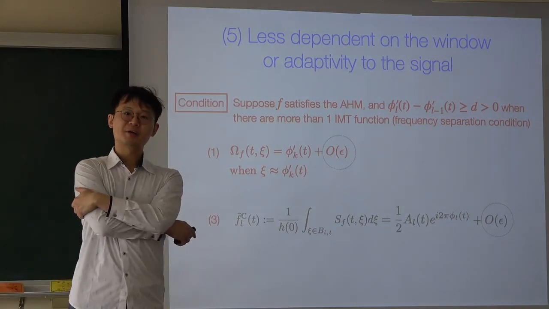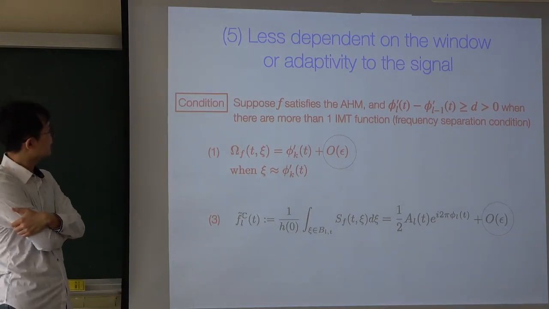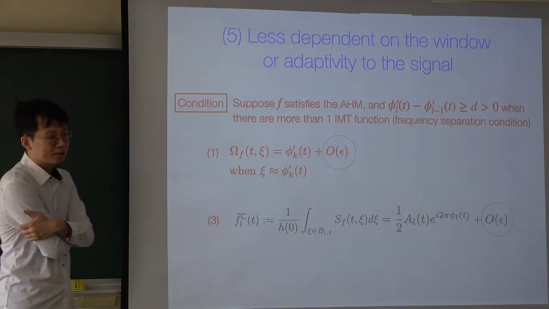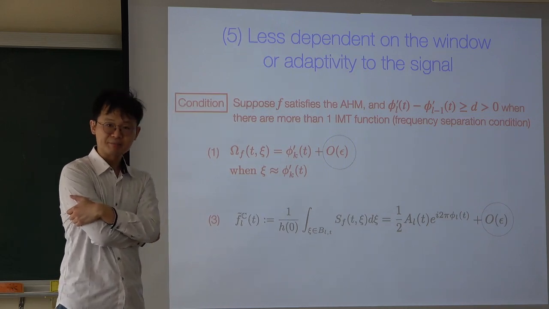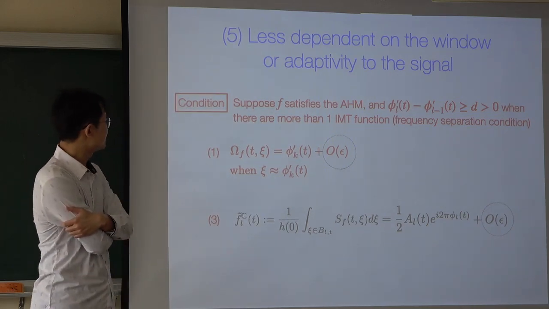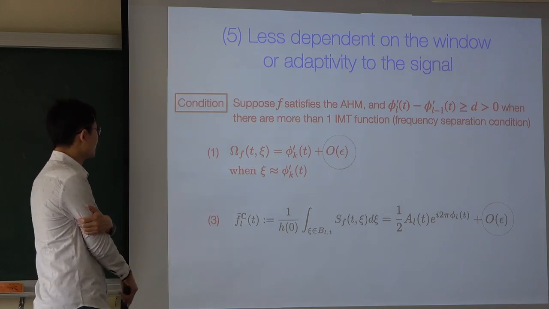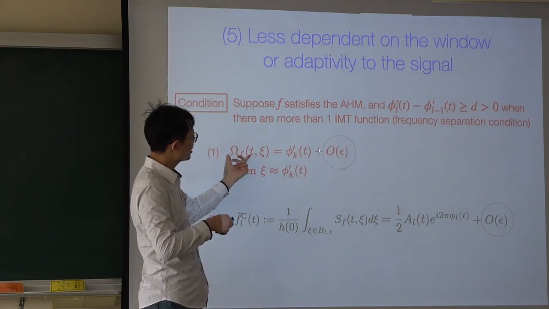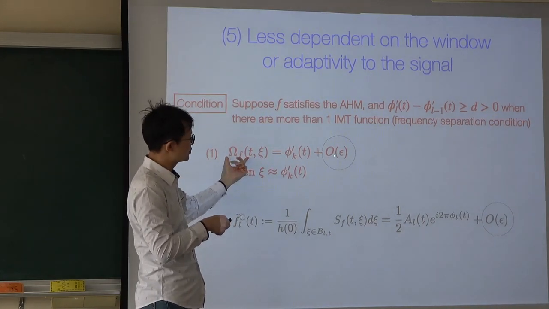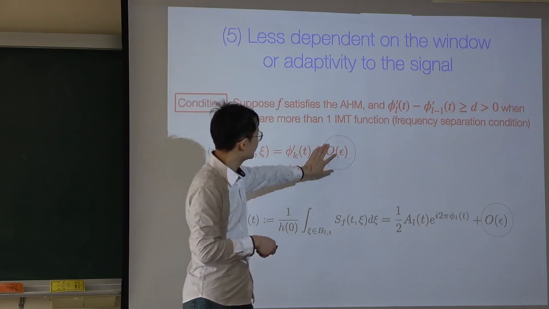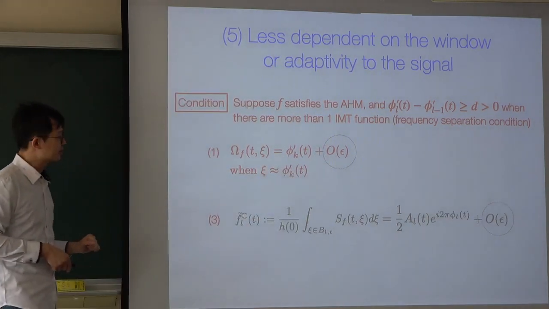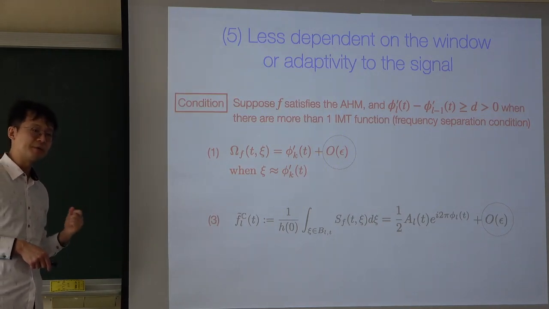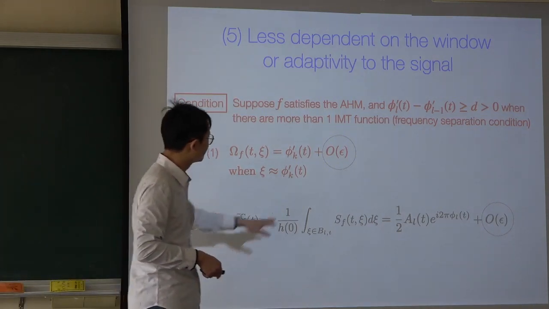The fifth part, or the last property we want to discuss today, is that synchrosqueezing is less dependent on the window. Or we can say it is more adaptive to the signal. In the following sense, again with the same condition, in the reassignment rule, the so-called error is of order epsilon. And what is the hidden constant? The hidden constant will depend on the absolute moments of the window.